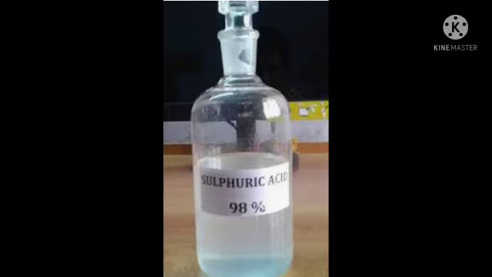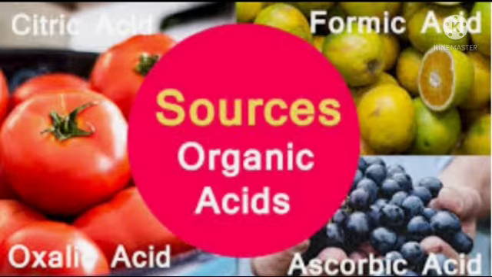Organic acids occur naturally in animal and plant materials. Some examples: grapes have tartaric acid, vinegar has acetic acid, apples malic acid, milk lactic acid, citrus fruits like lemons and oranges have citric acid, and spinach has oxalic acid.